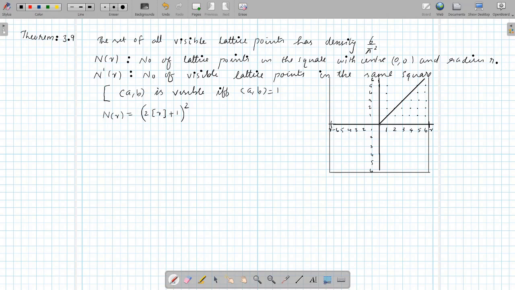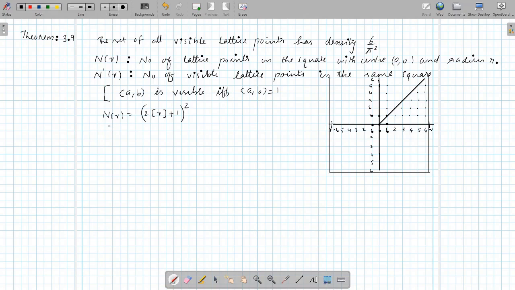So if you consider this origin and collect these 8 lattice points first, these are all visible from the origin. So we can immediately get 8 lattice points which are visible from the origin.